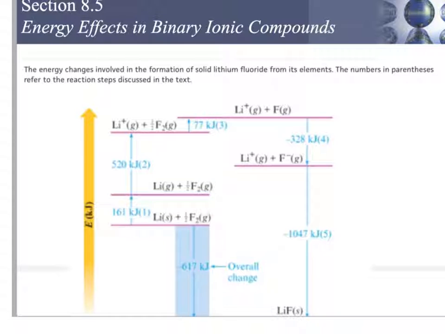So for example, in this step, this is the metal going from the solid form to the gas form. This is the metallic atom losing an electron.